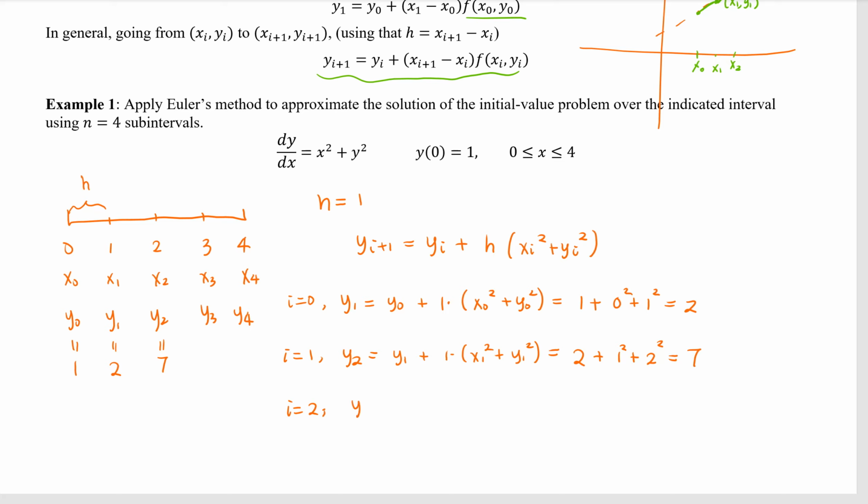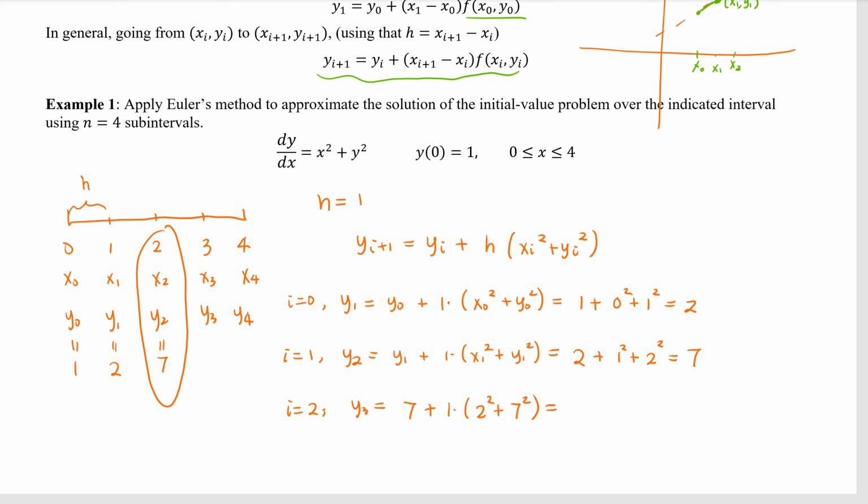Okay, next one, y3. We're going to use the previous point. So this is y2. y2 is 7. And then plus 1 times x2 squared. So 2 squared plus 7 squared.